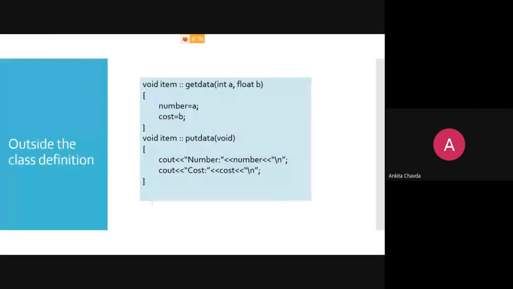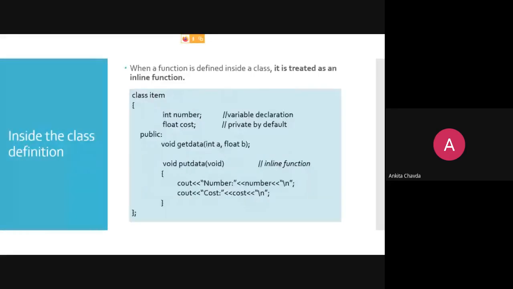Fine. Then inside the class definition, what I've explained to you, when a function is defined inside a class, it is treated as an inline function. I told you that I'll give you the reason why we are not writing the function inside the class every time. It is always good practice to write your functions outside of the class. Why?